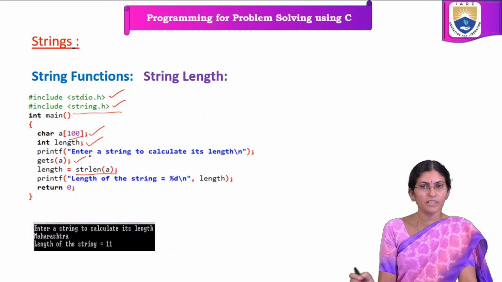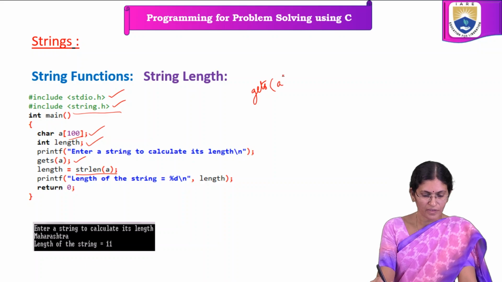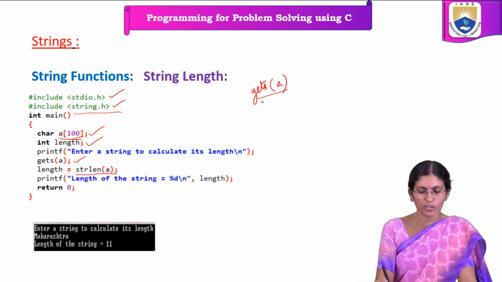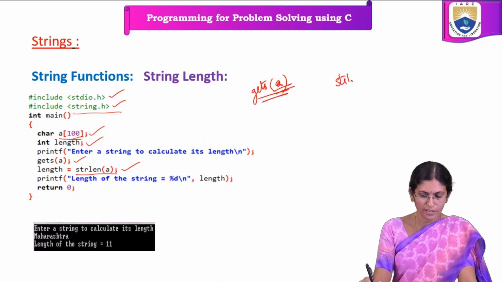Next, we use the function gets, which takes the name of the array. With this function, it reads the string into the variable a. Next, in order to find out the length of the string, we have the function strlen.